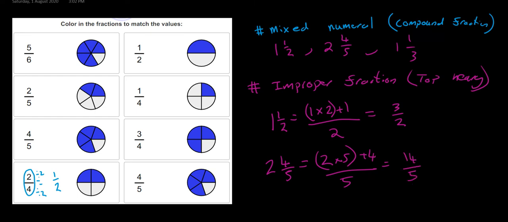And I would like you to pause the video and write this mixed numeral as an improper fraction. Okay, so hopefully you've done that now. That is 4 over 3.